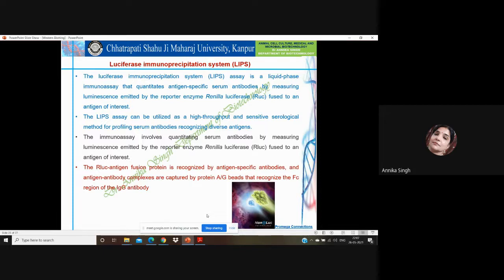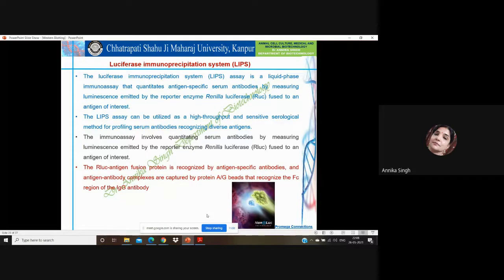And this coelenterazine has an autoluminescence property. It means it can decompose and produce light after lysis, even in the absence of the enzyme.